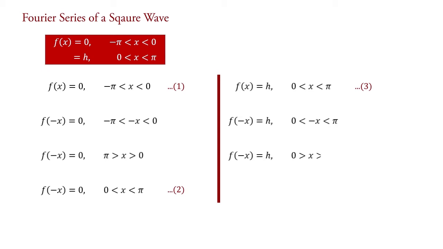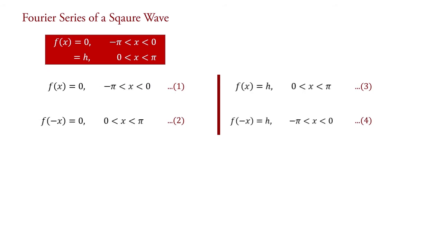Therefore, f of minus x equal to h for 0 greater than x greater than minus pi. Here we invert the sign of inequality and that of pi and x. Therefore, f of minus x equal to h for minus pi less than x less than 0. Say equation 4.